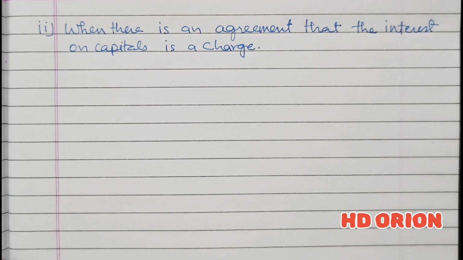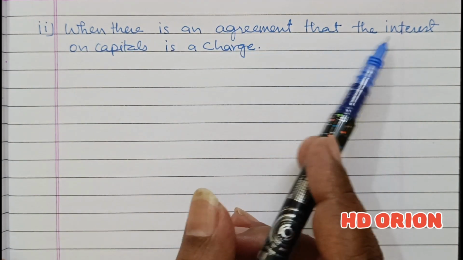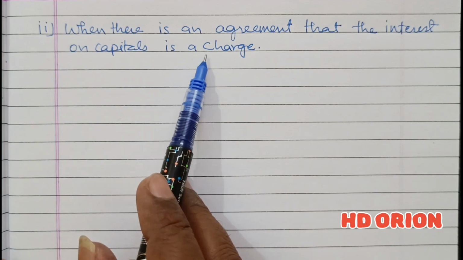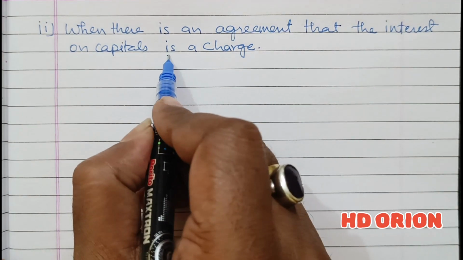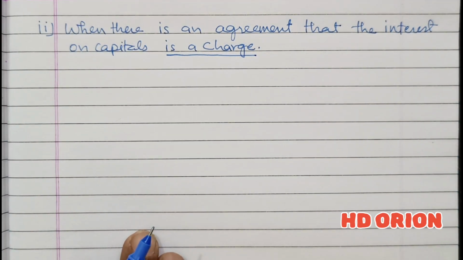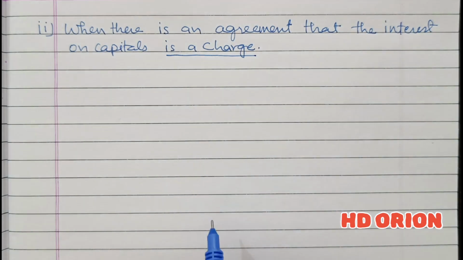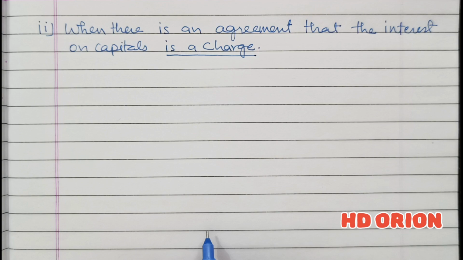Now let us discuss case 2. It says when there is an agreement that the interest on capital is a charge. Now, is a charge, this clause is very important here, because when such a word is there in the question, it means you have to give full interest on capital to the partners irrespective of profit or loss. Fine.